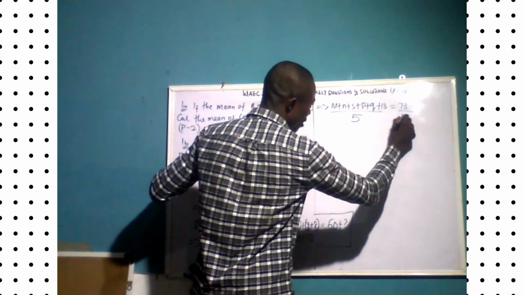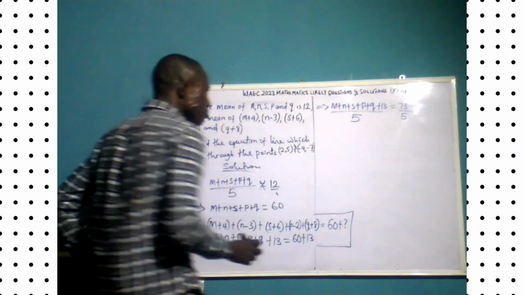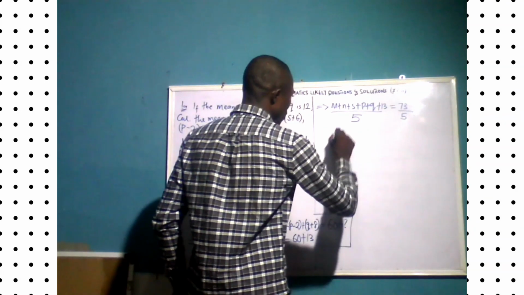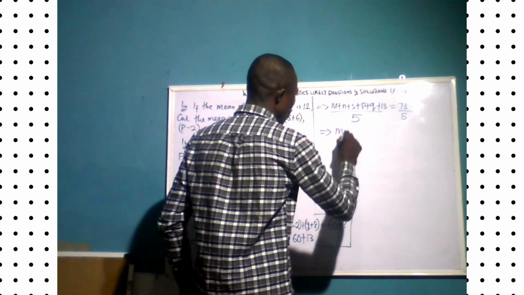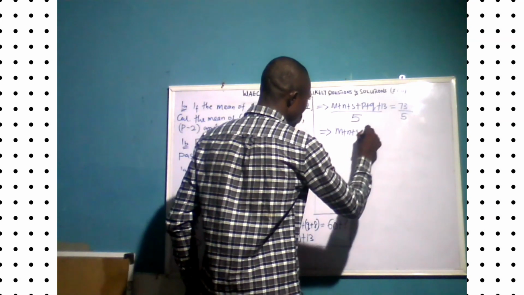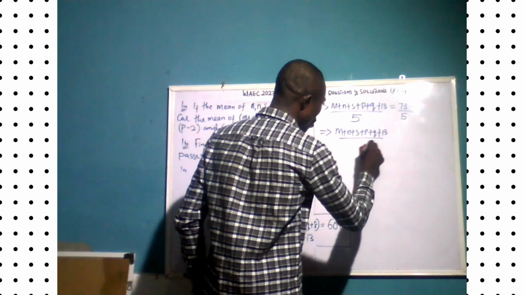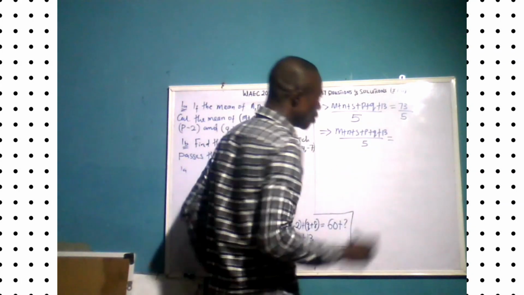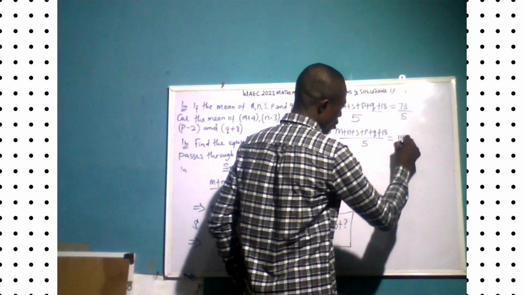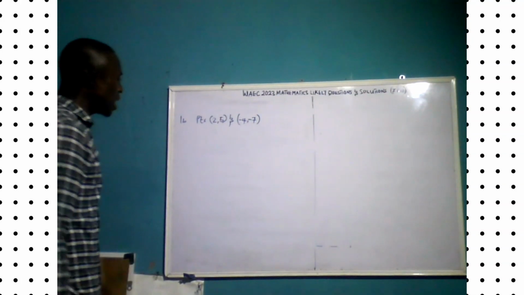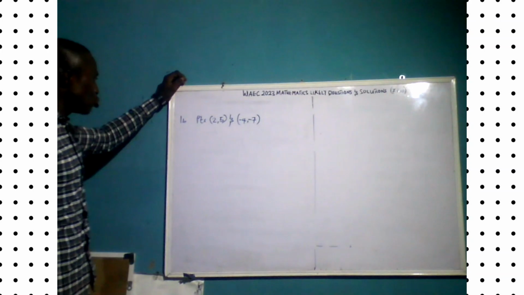So it equals this divided by 5, that is 73 over 5, which equals 14.6.